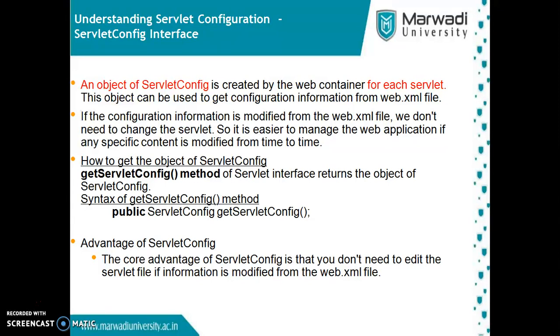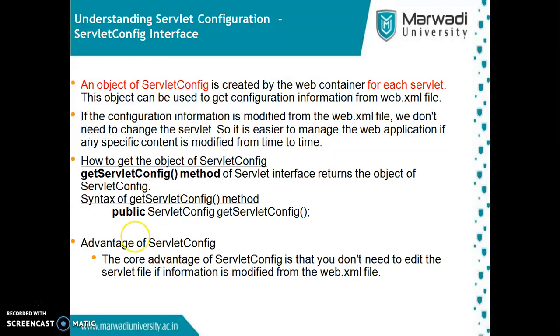Now, the very first thing: how to get the object of the ServletConfig interface. You have one method, namely getServletConfig. This method is available in the Servlet interface and returns the ServletConfig object.